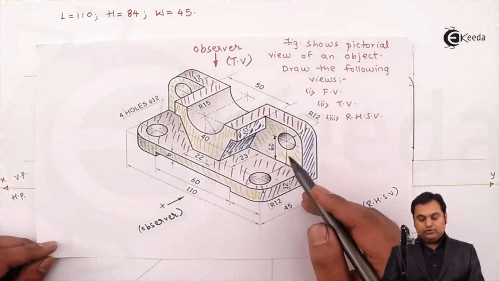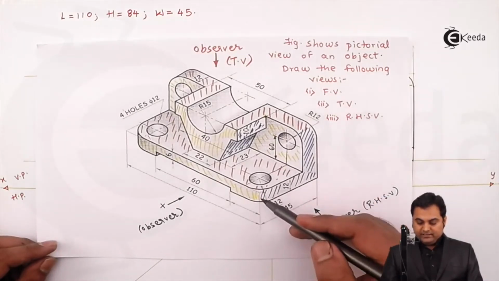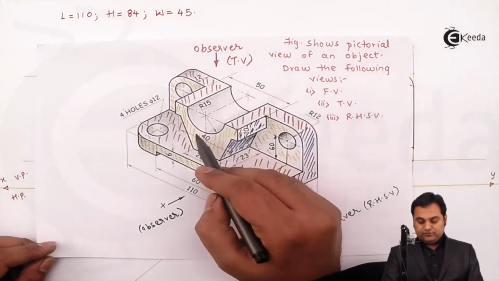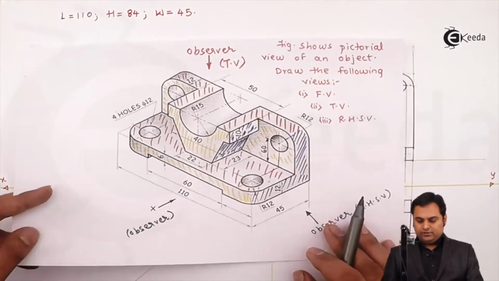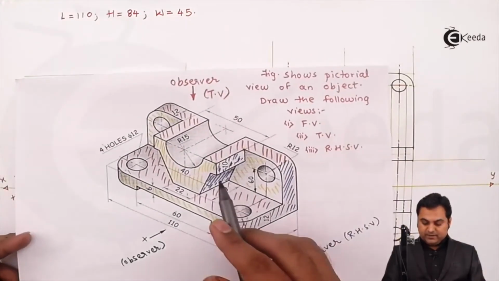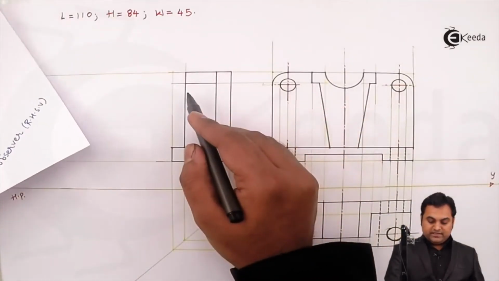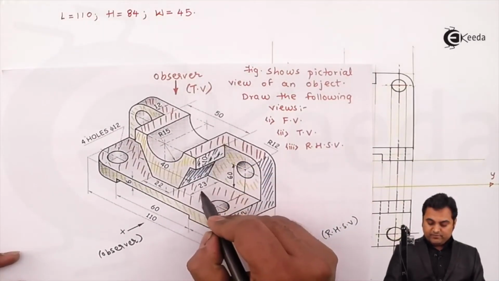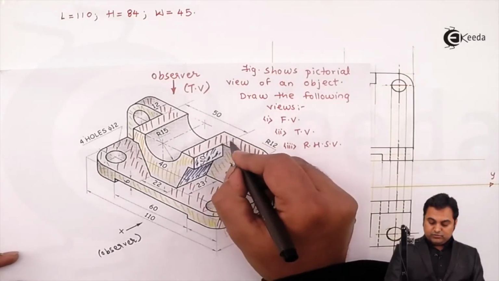So now I have to draw the hidden portion, and for that, when I'm looking from the right hand side, this semicircle is not visible to me, so it has to be drawn hidden. I will be projecting this semicircle directly, and it is up to the total width. As I can see here, it is in this width of 35 mm, that is 23 plus this 12 mm plate.